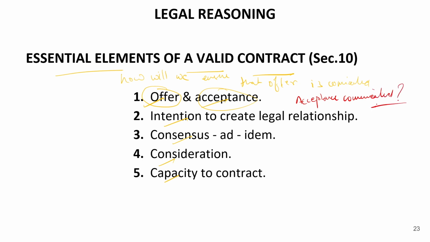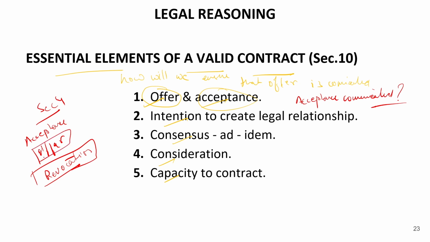For that, we needed to understand section 4. Section 4 talks about acceptance, offer, and revocation. Until what time we can reject an offer that has been accepted, and until what time the offer can be revoked, that we have understood.